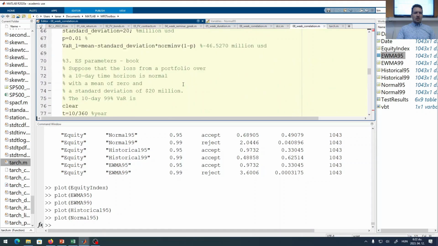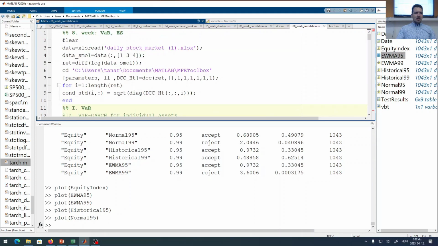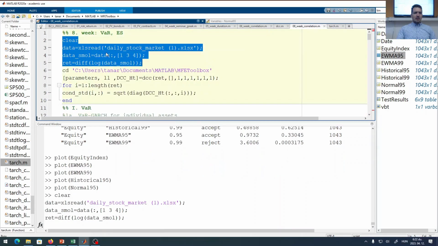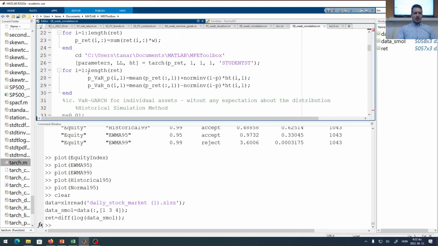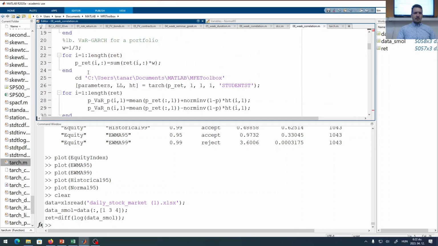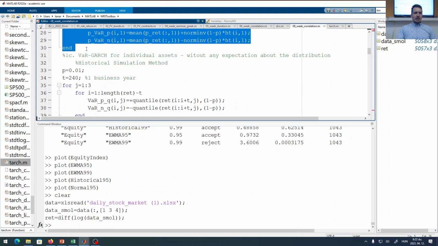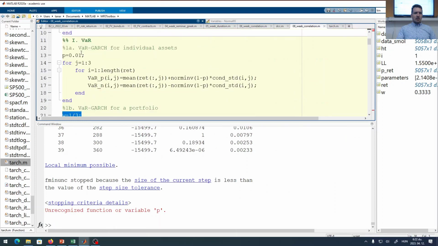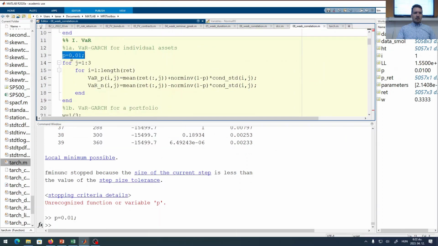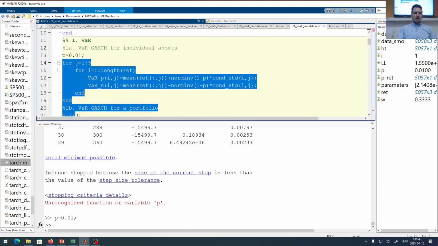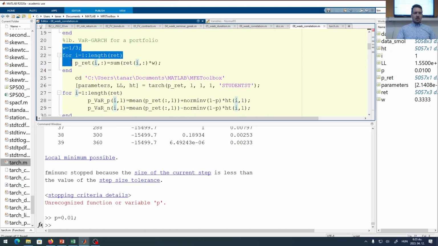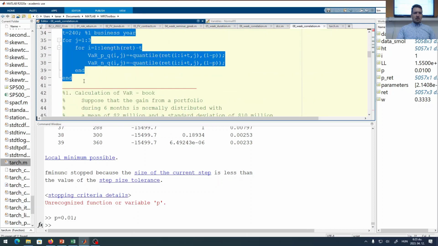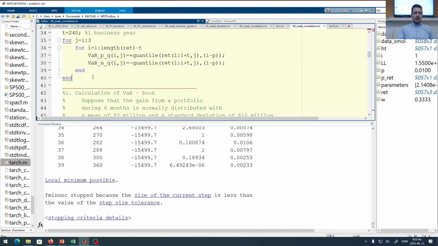So let's do it. Okay, I'm not making the same mistake again. And then this is the next thing. We have also historical simulation.